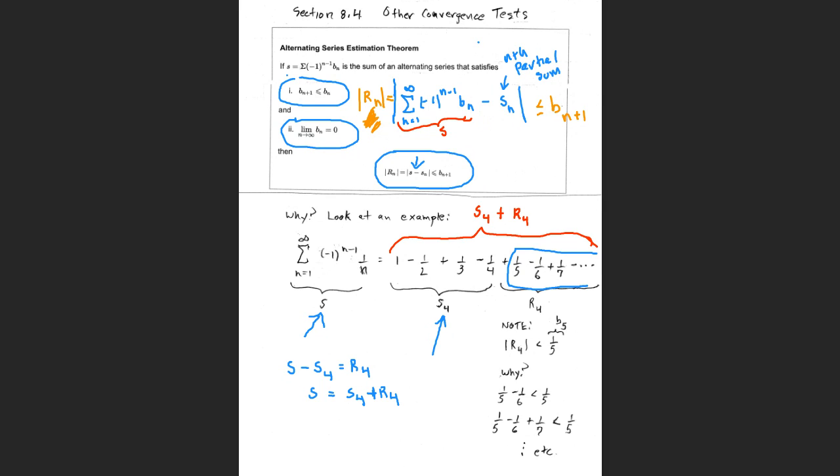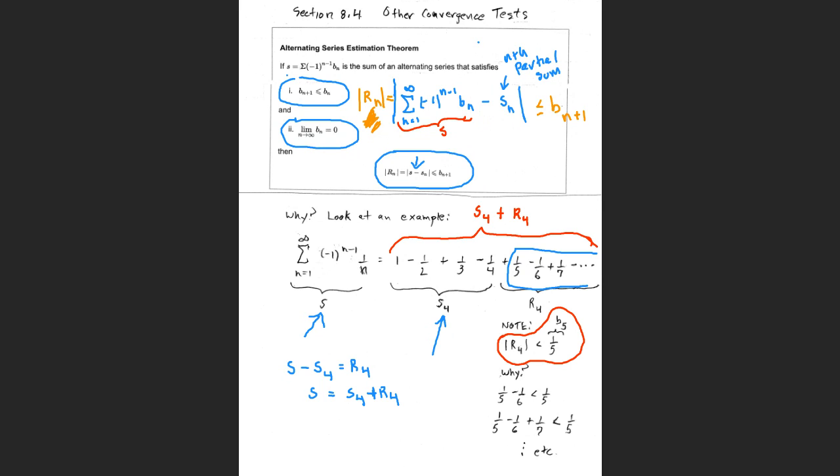Now, if we look at the absolute value of the remainder R sub 4, it has to be less than 1/5, which is the next term, the 5th term. It has to, because a 5th minus a 6th is certainly less than a 5th.